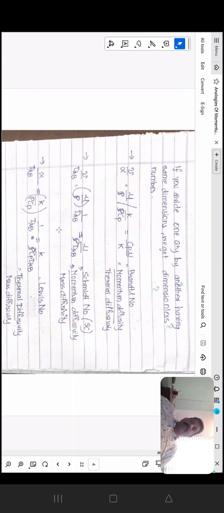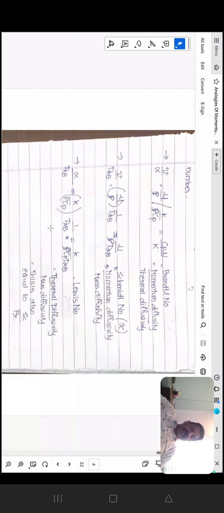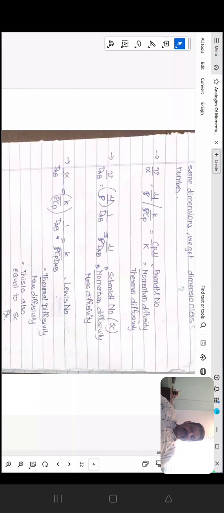Just as the Prandtl number appears in heat transfer, similar to Prandtl number, in mass transfer you will get Schmidt number. It's nothing but mu by rho dAB. In that, Cp mu by K, right? Next, look, I'm dividing the heat transfer term, thermal diffusivity, by mass diffusivity.